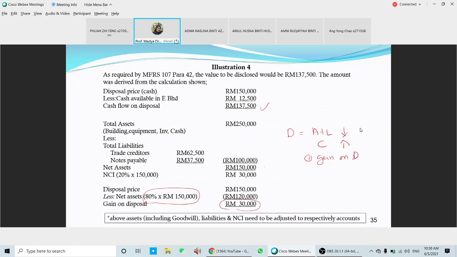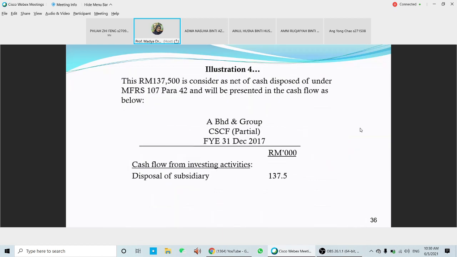So how do we report this one? All assets including goodwill need to be adjusted, and NCI also. We need to report only the amount of aggregate cash, which is considered as net of cash disposed of. You're going to put it under cash flow from investing. Why investing here? Because we dispose of a subsidiary, and a subsidiary is your investment.